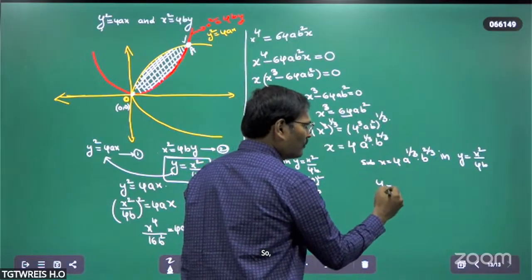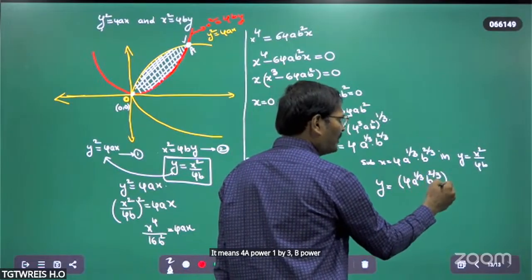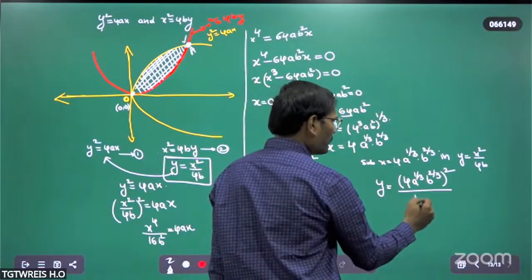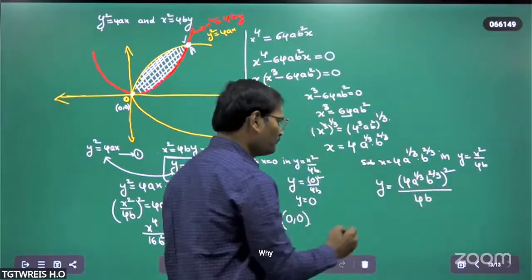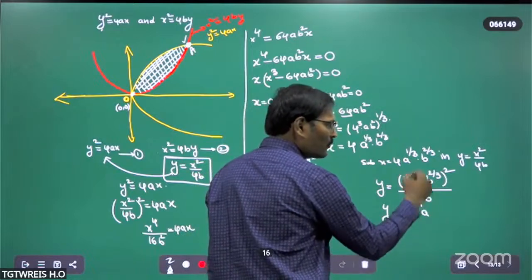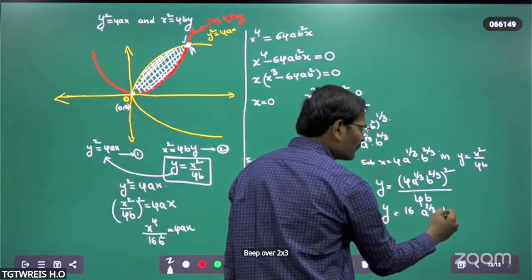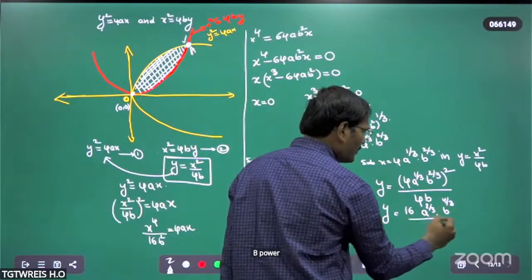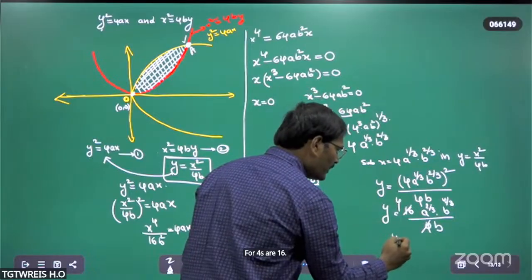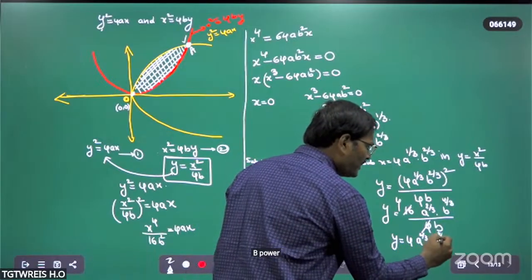So y is equal to (4 a power 1 by 3 b power 2 by 3) whole square by 4b. y is equal to 4 square means 16, (a power 1 by 3) whole square a power 2 by 3, (b power 2 by 3) whole square b power 4 by 3, by 4b. 4 4s are 16. y is equal to 4 into a to the power of 2 by 3 b power 4 by 3.